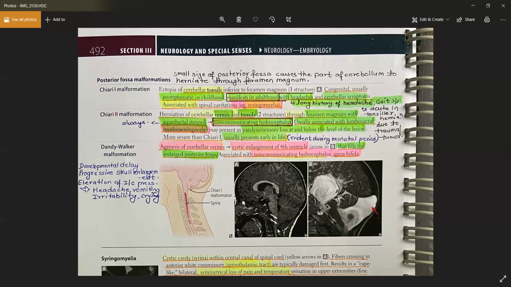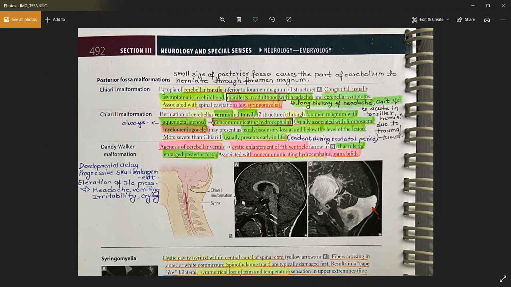They will tell you the patient has a history of trauma from 6 months or 1 year before, and the patient has a history of these episodes of headache. You run the CT or MRI and you get this kind of herniation. You know that this herniation is not because of trauma, but because of Chiari malformation type 1. So herniation in trauma you only get in the acute scenario, not in the chronic setting.